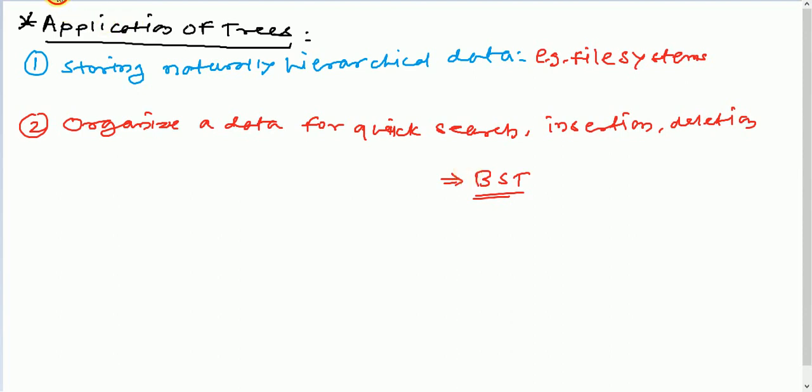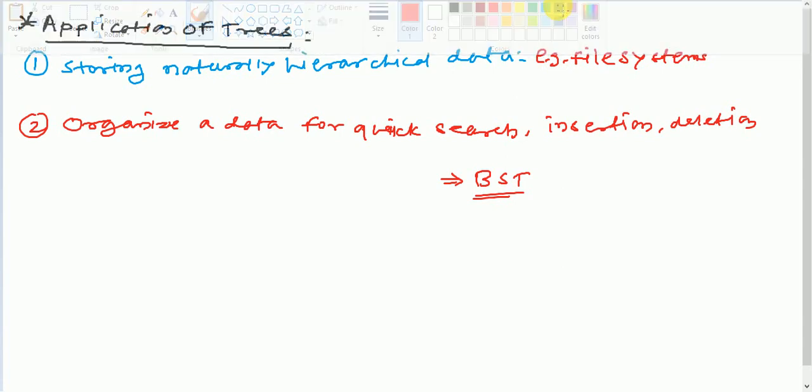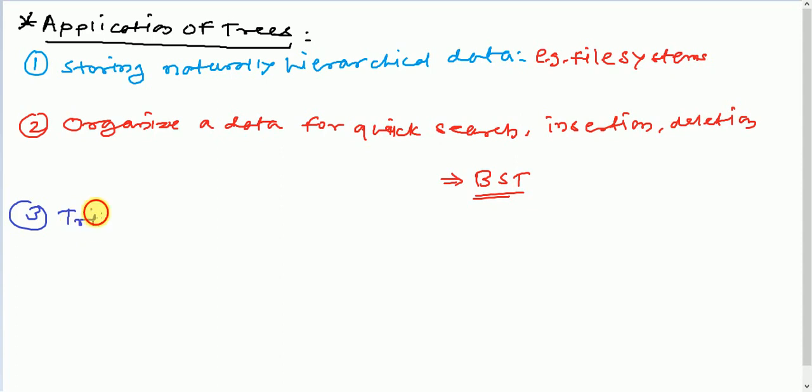The next application of tree is that it is used in tries. Generally it is used in dictionaries. A trie is basically one type of tree.